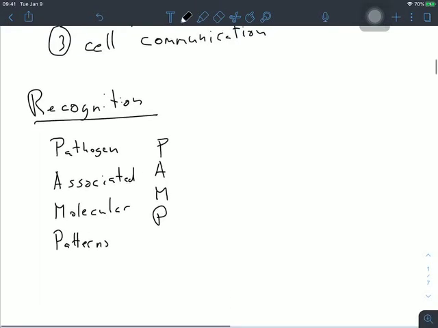PAMPs are things like glycoproteins, or glycolipids that are present on the surface of a foreign object.